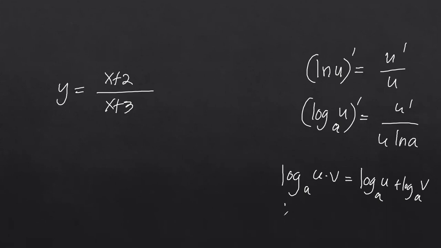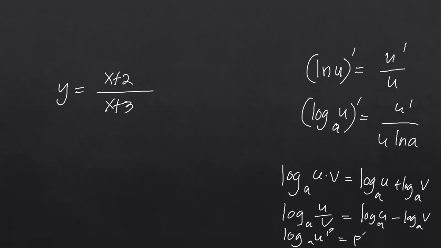And if we have the logarithm of u over v base a, this is just equal to the logarithm of u base a minus the logarithm of v base a. And for the power rule, if you have the logarithm of u to the power of p base a, it can be written as p times the logarithm of u base a. So that's it for the properties of logarithm.